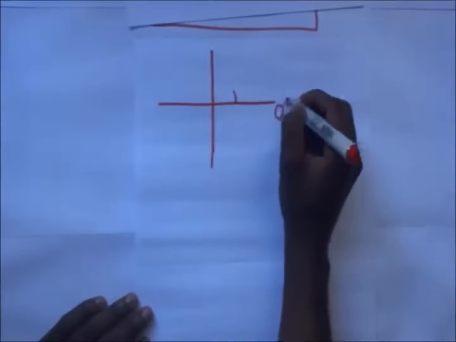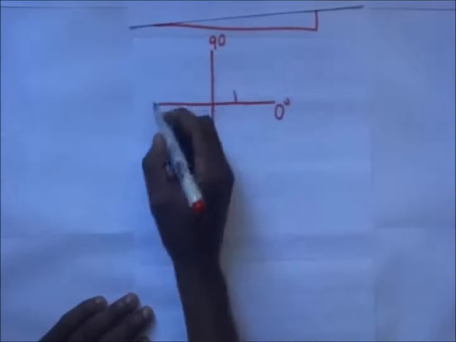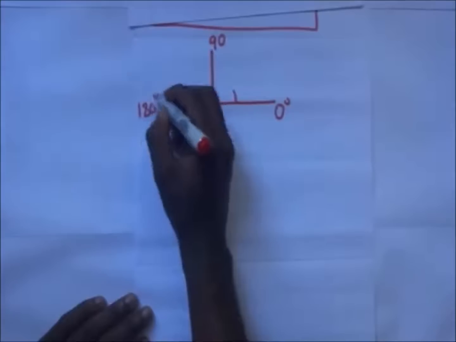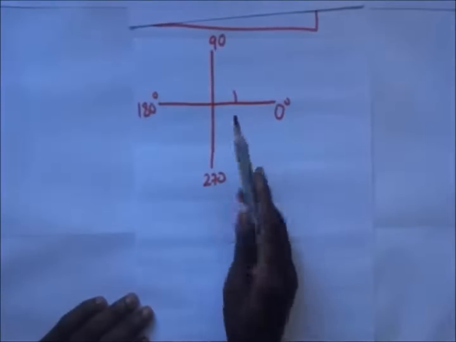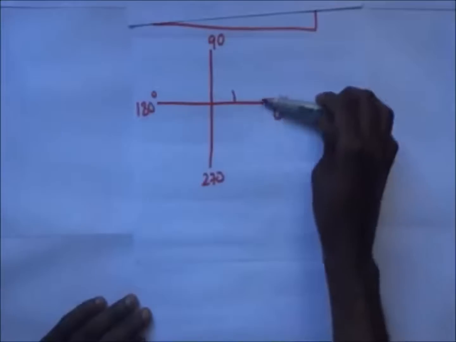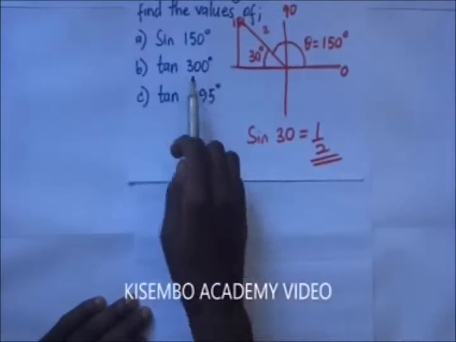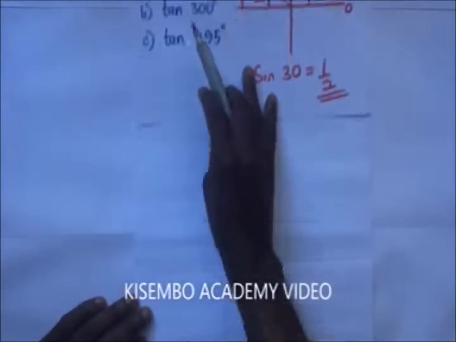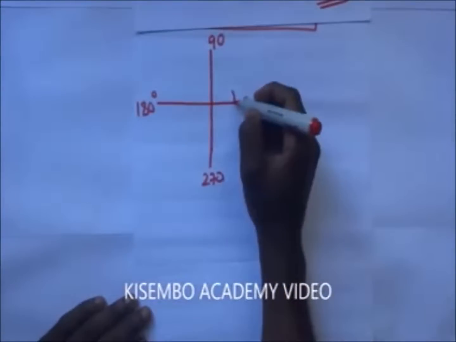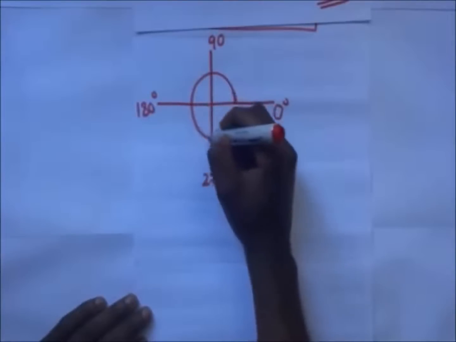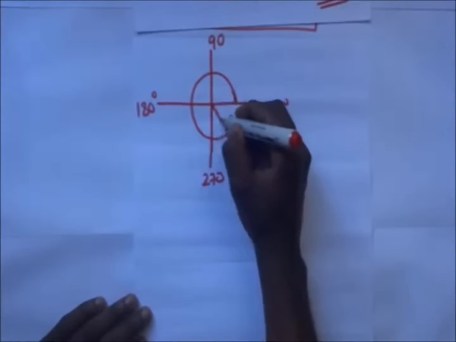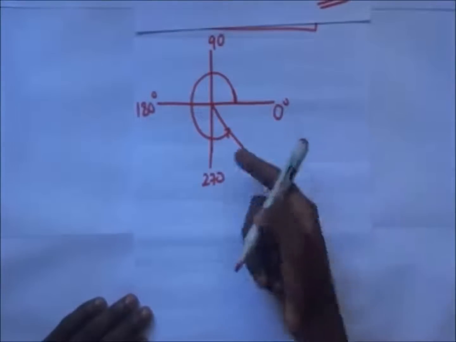This is 0 degrees, it runs to 90, to 180 degrees, then this is 270 degrees. So 300 degrees lies between 270 and 360 degrees. Remember, when we say 300 degrees, we start counting that 300 from here, moving that side: 90, 180, 270. So 300 lies somewhere there in the fourth quadrant.